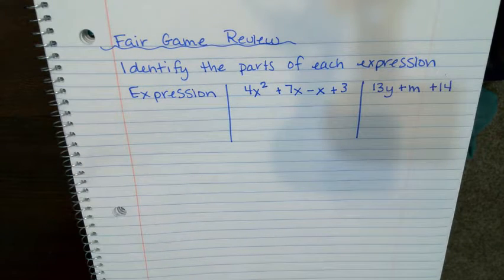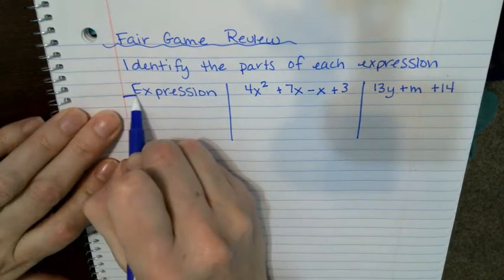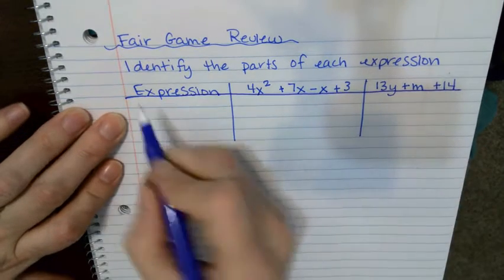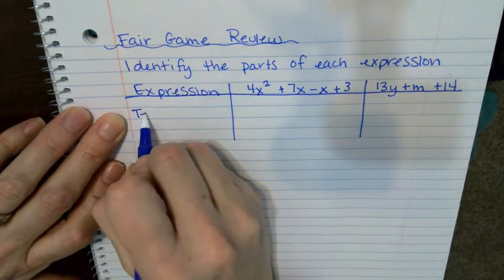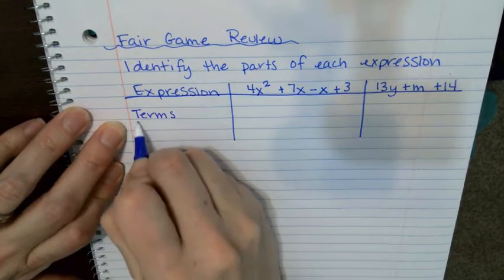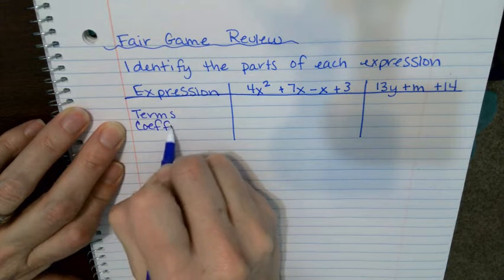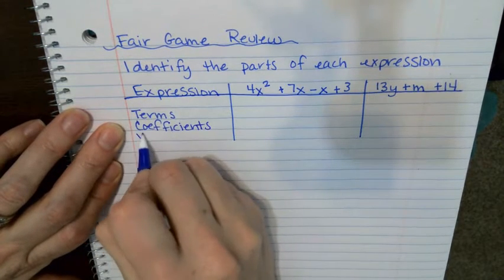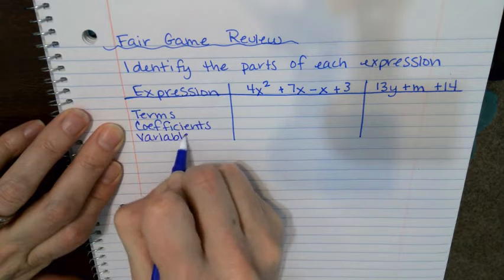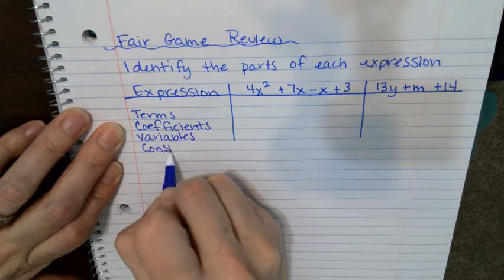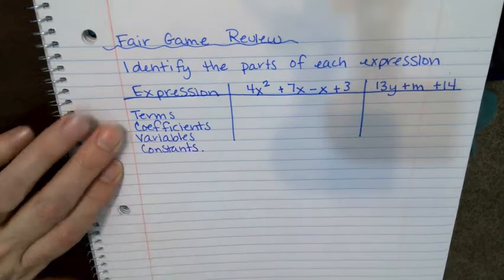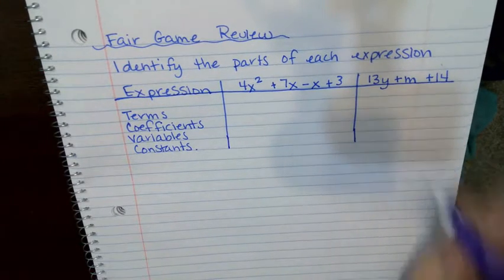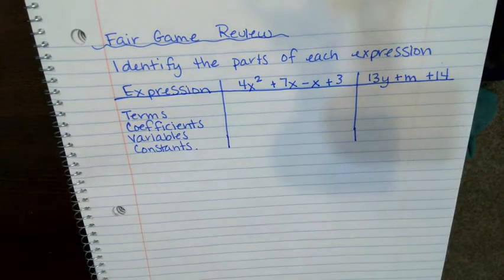Then I'd probably draw a line underneath here because this is what we're going to do. We are going to identify the terms, the coefficients, the variables, and the constants. I guess I have to go down one more line. There we go. We're going to do that for each one of these groups.